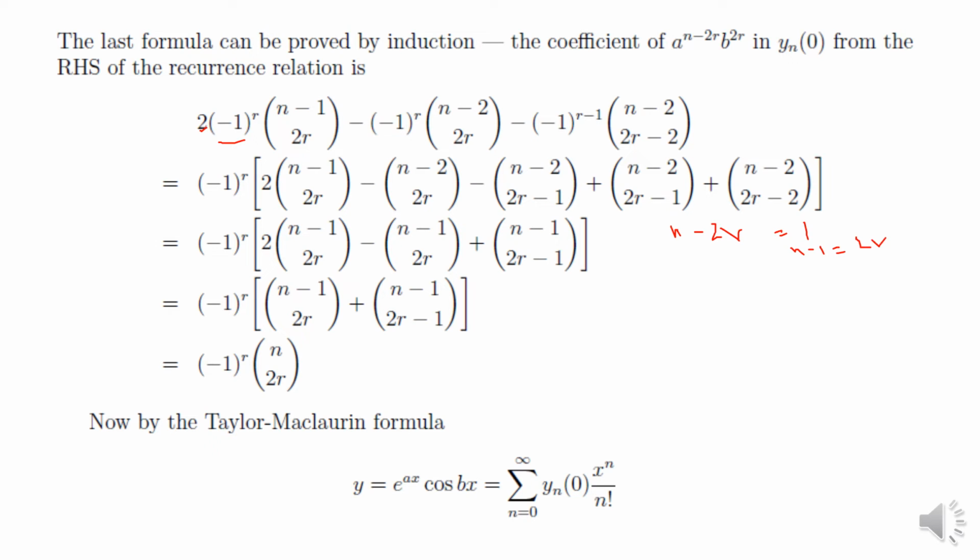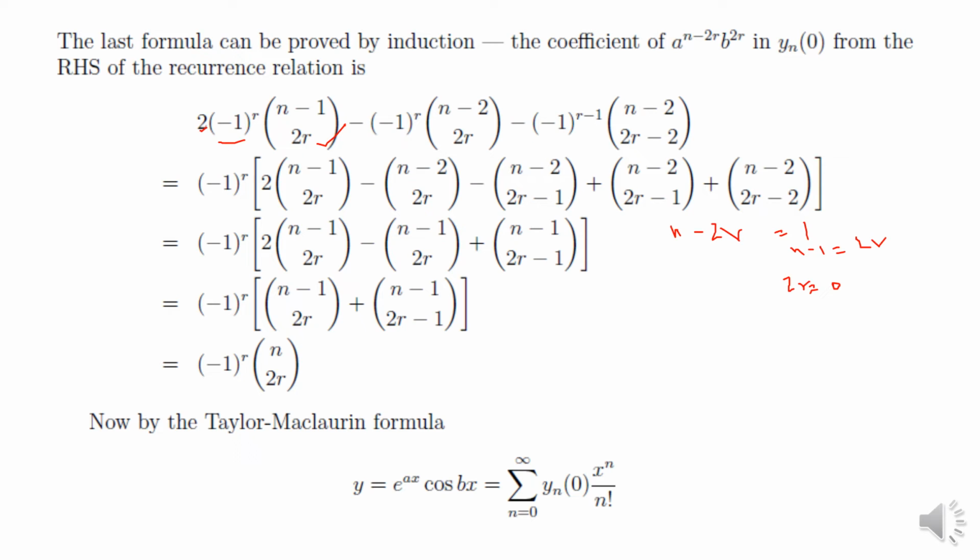It means out of n minus 1 we have to take 2r terms, but b to the power 2r gives 2r equal to 0. So out of n minus 1, 2r items we have to take.